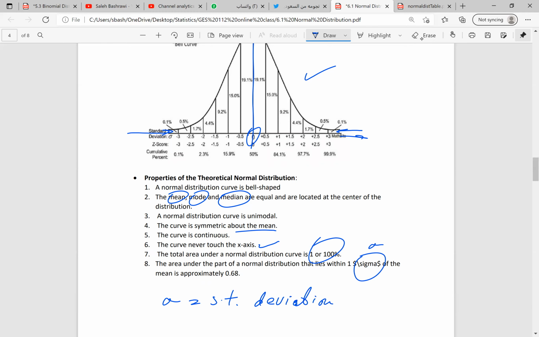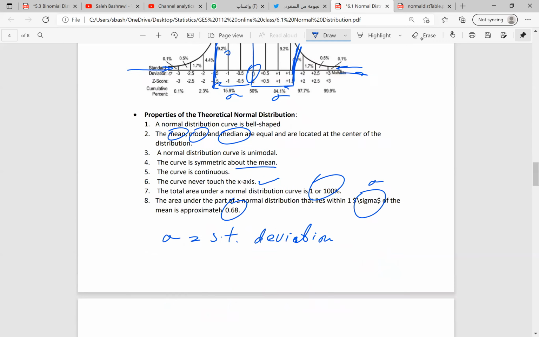So within 1 sigma from left and right, the area is about 0.68, or 68%.